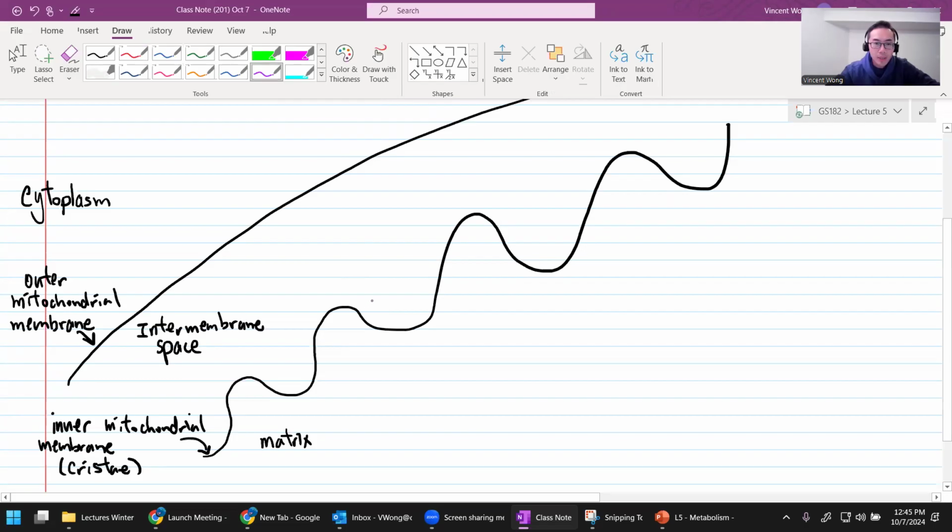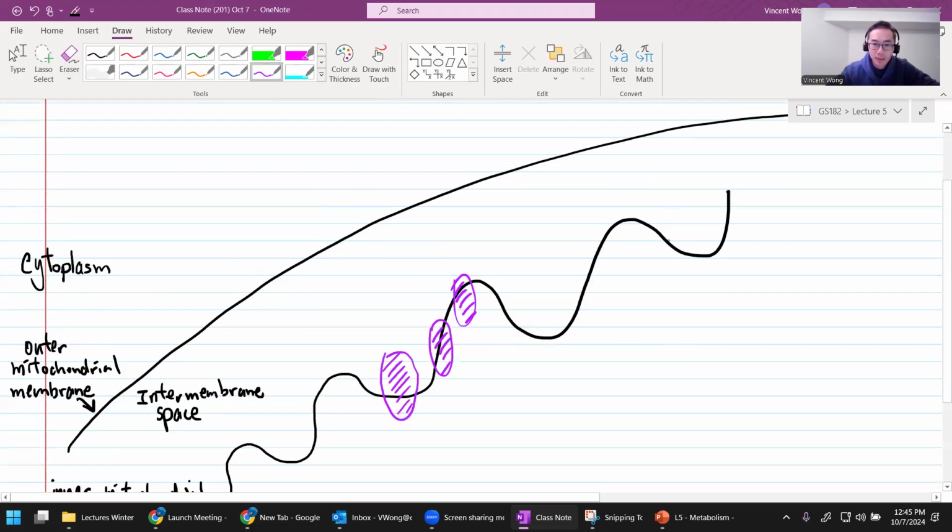All right. So next we're going to draw some proteins here. We're going to draw three like that, and then we can maybe draw another three here. There are thousands of these things throughout the entire cristae. Remember, the cristae folds up, so it's the entire inner mitochondrial membrane.